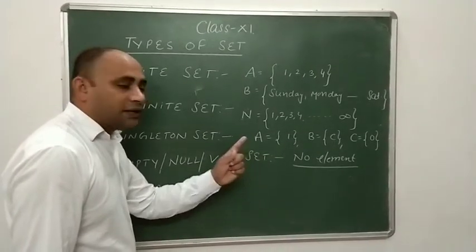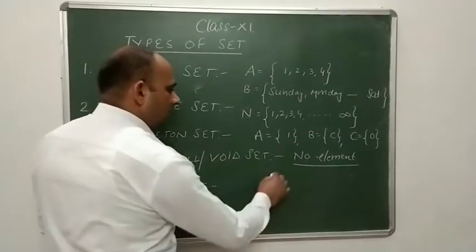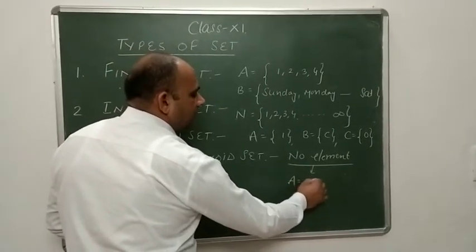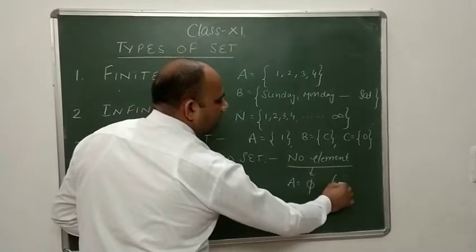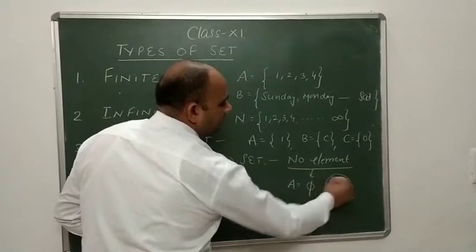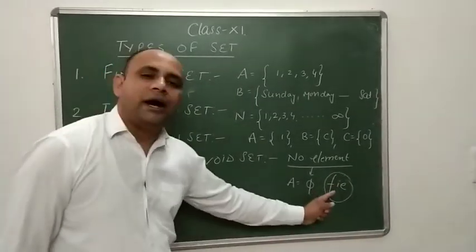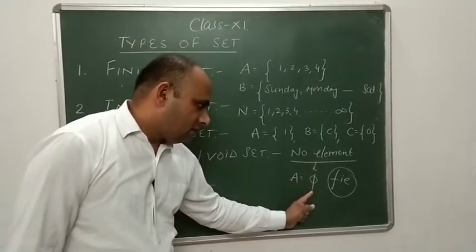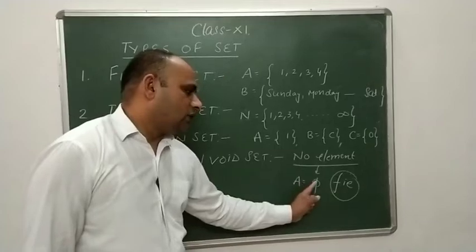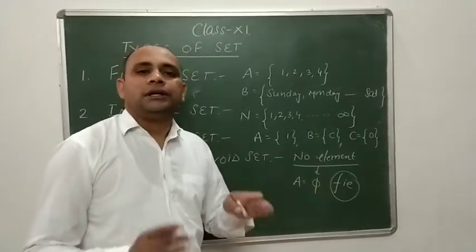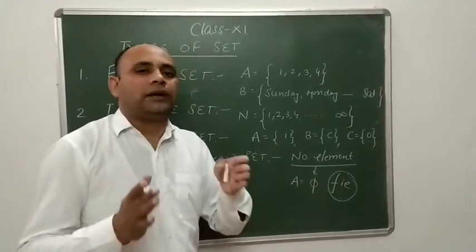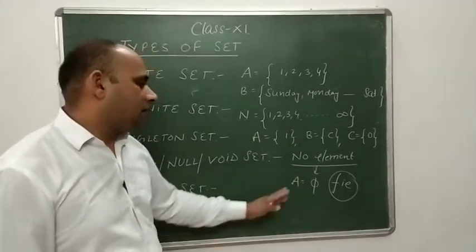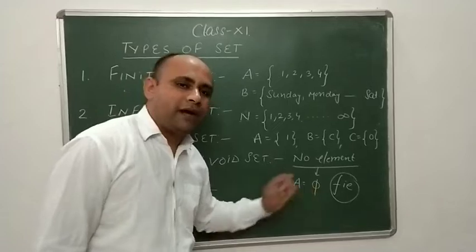But representation of set is, if no element, we will write phi, F-I-E, phi. ये सर्कल बनाएंगे और ऐसे वर्टिकल लाइन लेंगे तो A इज इक्वल टू phi. इट मीन्स null set, void set, empty set, no element. If no element, then we will write A is equal to phi.